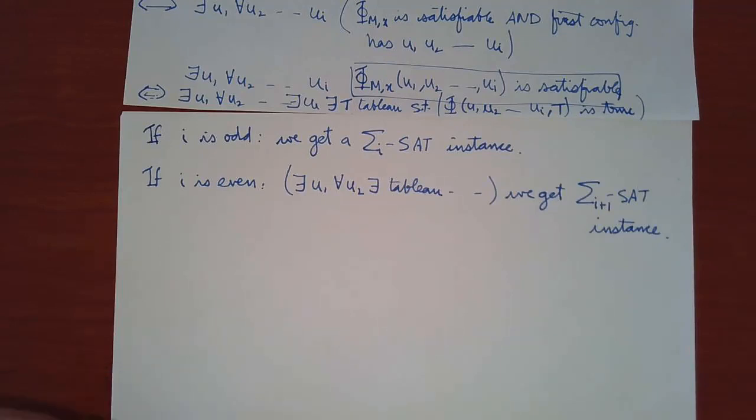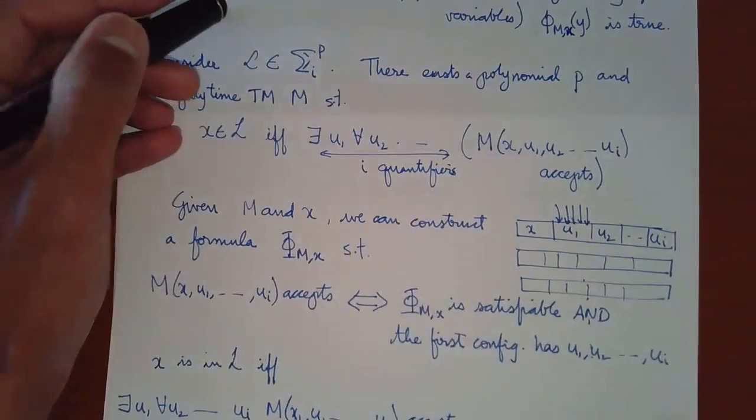Now, why can we do that? Remember, because M is deterministic, there only exists one correct tableau. What if it wasn't? But we are starting with something that is deterministic, right?